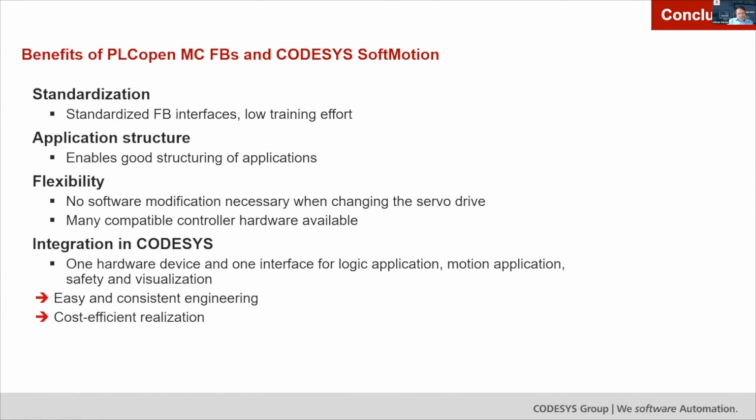This is for sure a real benefit of the PLCopen motion control definitions. It also enables the user to have a good structure of the application, because these function blocks are easy to understand and help, because it's not really object oriented, but it's really close to object orientation in how you can program with these function blocks.